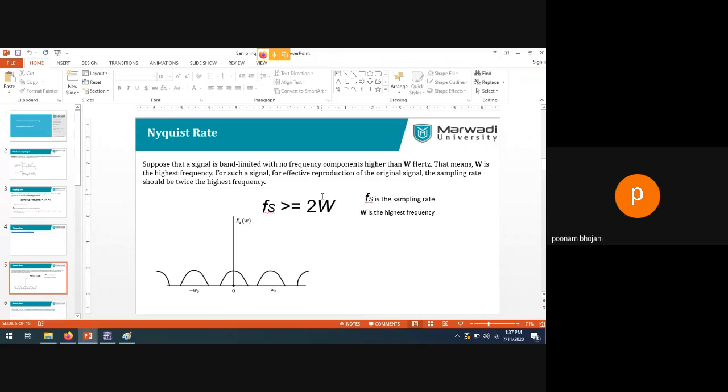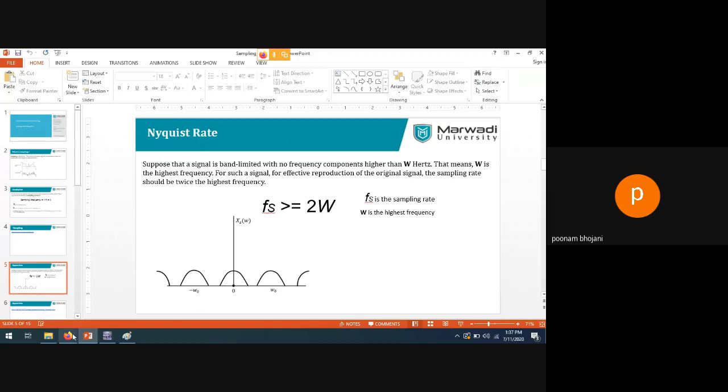So this W is 1.5 kilohertz. Even if you are transmitting three signals together, you have to consider the maximum frequency while calculating the Nyquist rate. So your sampling frequency must be greater than or equal to 2 into 1.5, that is 3 kilohertz. Okay, this is the Nyquist rate, and this is also known as the sampling theorem.